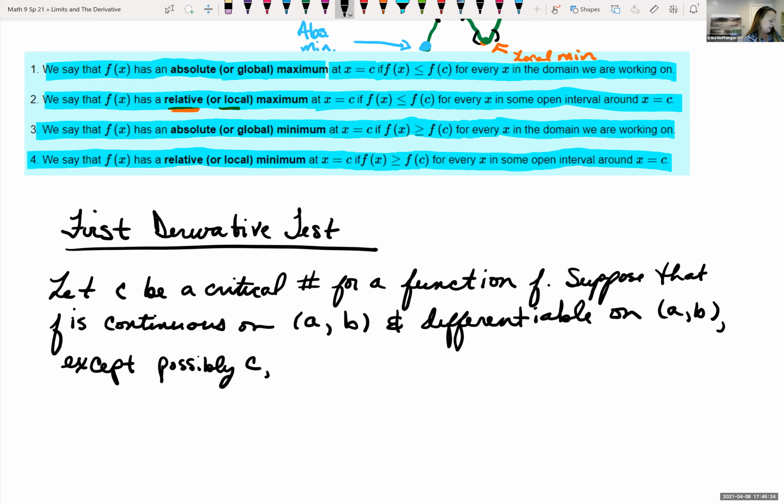And that c is the only critical number for f on the interval AB.